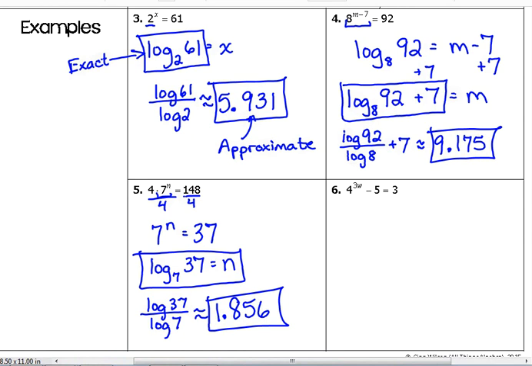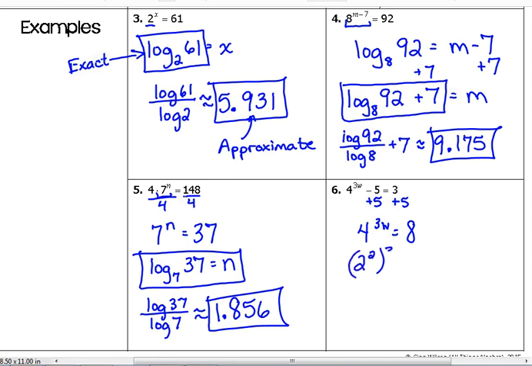Okay, number 6. 4 to the 3w minus 5 is equal to 3. We've got to move that minus 5 first. We've got to isolate the exponential. So we add 5 to both sides. We get 4 to the 3w is equal to 8. Can we write this one so that they have the same base on both sides? We sure can. 4 and 8 are both powers of 2.